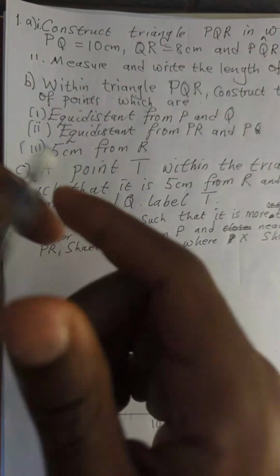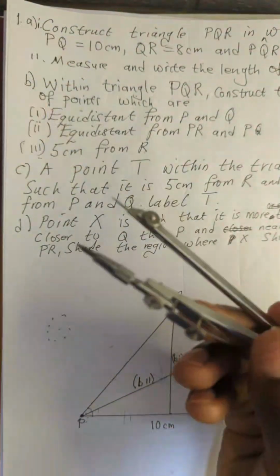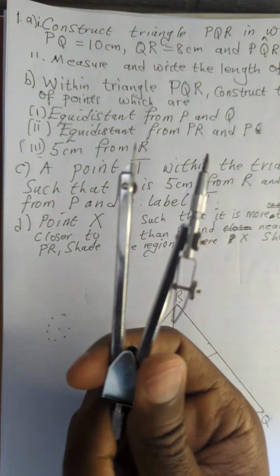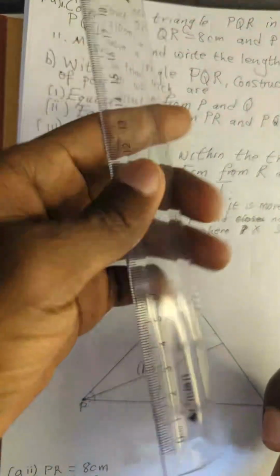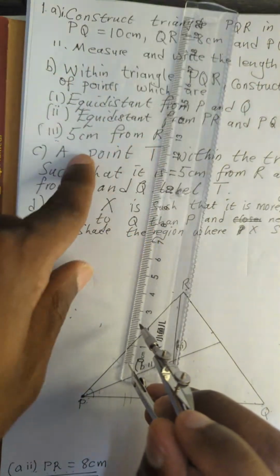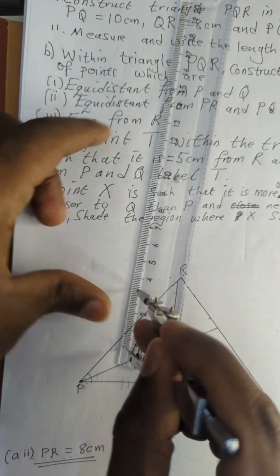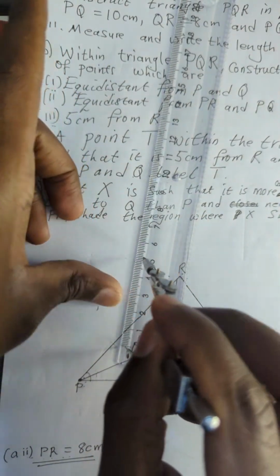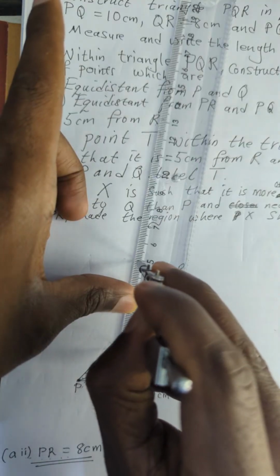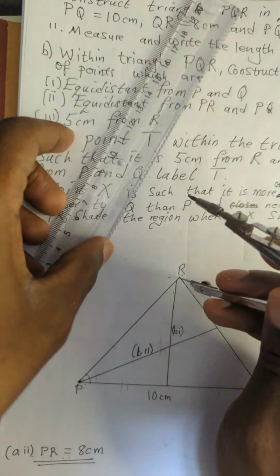So it's a circle like I taught in the last lesson. All you need to do is get your tool, then get your rule, and transfer the distance they have said, in this case 5 centimeters.